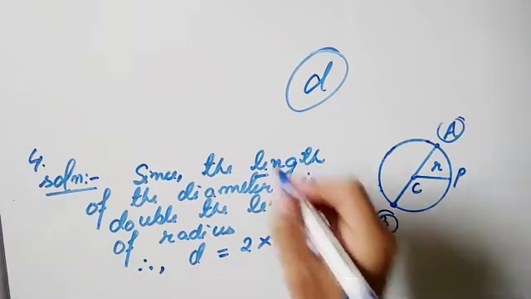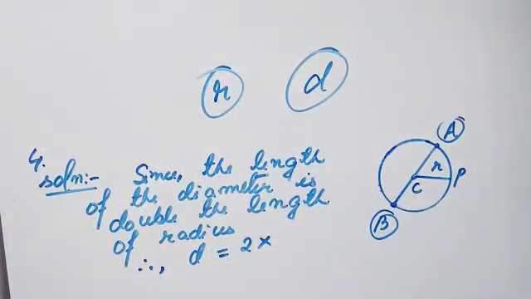And in this question, the radius is denoted by the variable R. So in short, we will get 2R. Understood? So this is our answer.